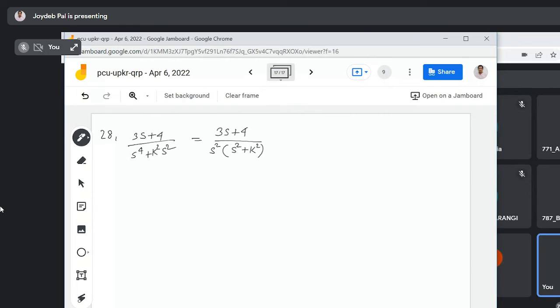So if we think it as f s by s, then what is f s? So 3s plus 4 divided by s into s square plus k square. This, right?